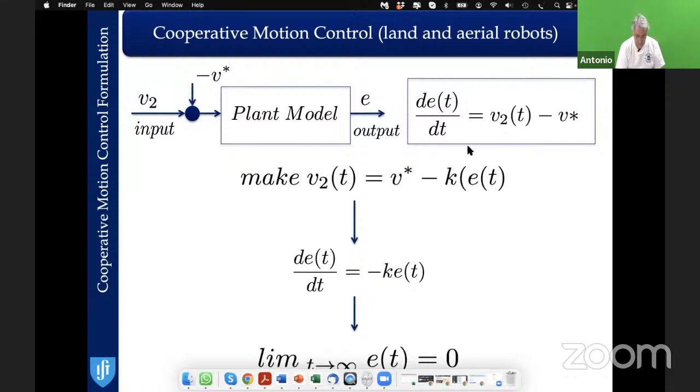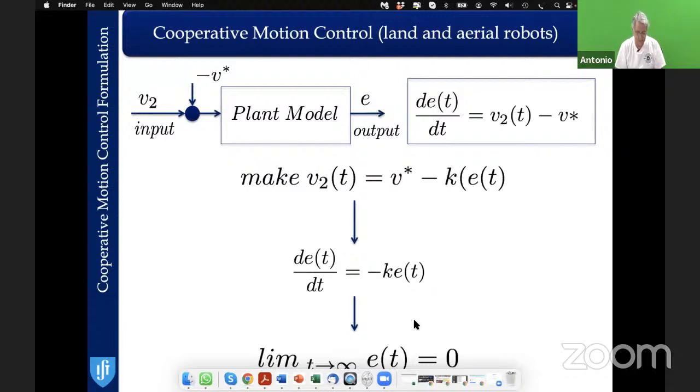So it's obvious that what you have to do is to make V2 equal to V star, that kills that one. And so you kill what you don't want and introduce what you wish to introduce. So if you make V2 equal to this, V star cancels that one, and you get this beautiful differential equation, and the error goes to 0. Okay?